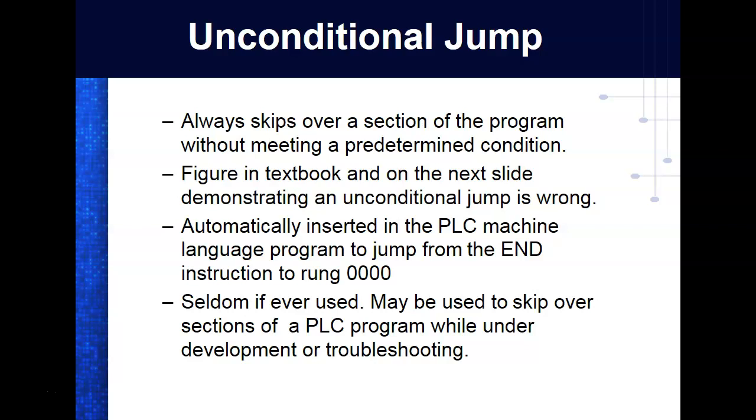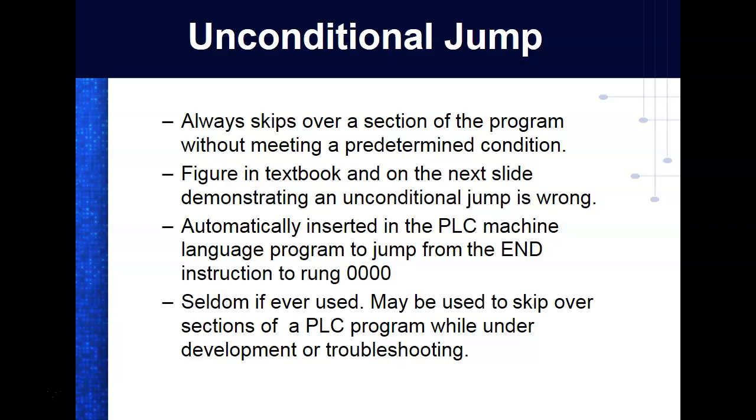If you put a jump, you've got to have a label. Period. These are pairs. The jump instruction is where you want to come from, and the label instruction is where you want to go to, the rung you want it to go to.